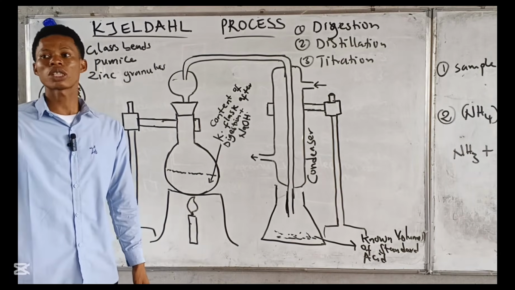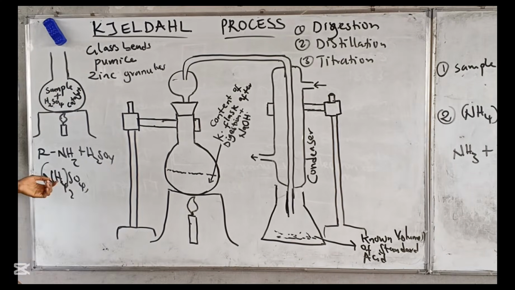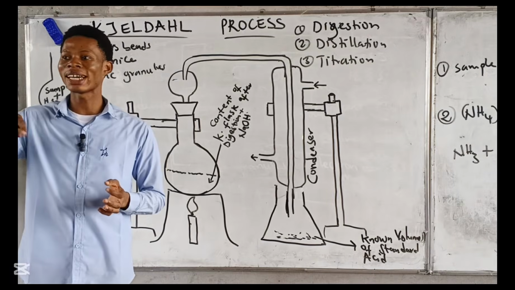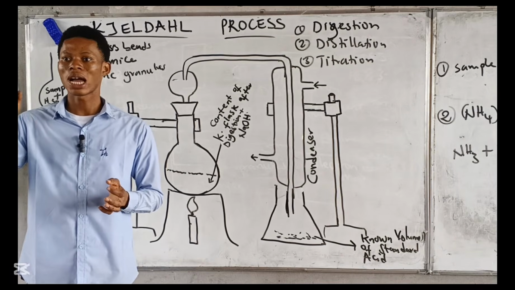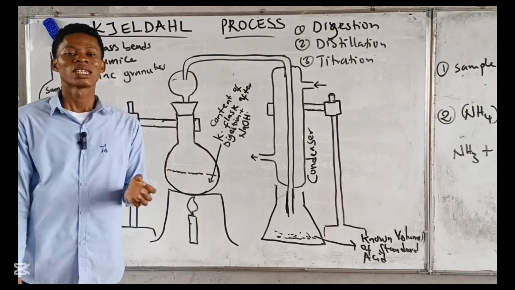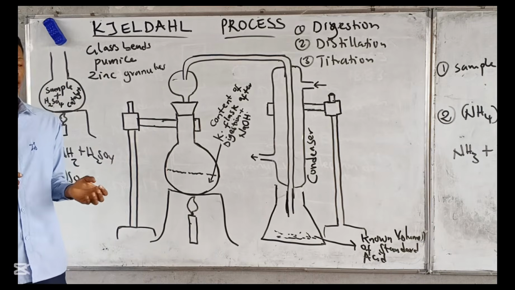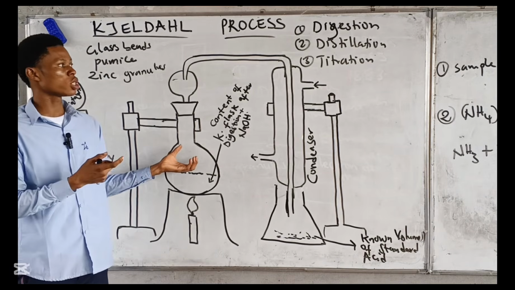Now, basically what I've said so far is this. Digestion: you are heating the sample with sulfuric acid. You add catalyst, you add boiling stone. And after heating, the sulfuric acid will convert all the nitrogen in that substance to what? Ammonium sulfate. Now the ammonium sulfate, you take it to the next stage, which is distillation.